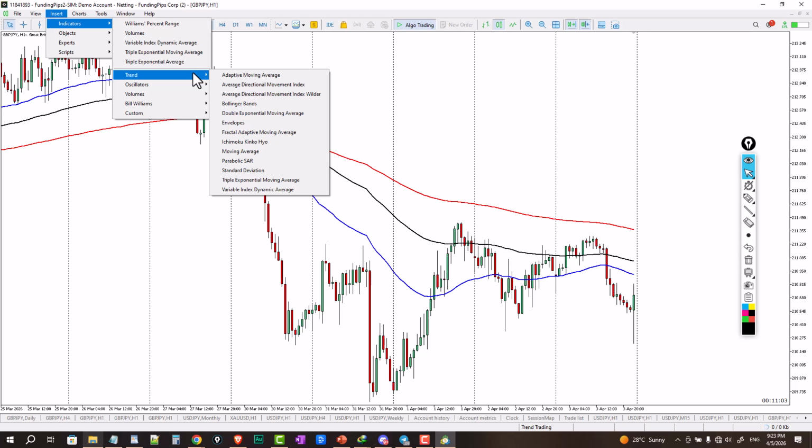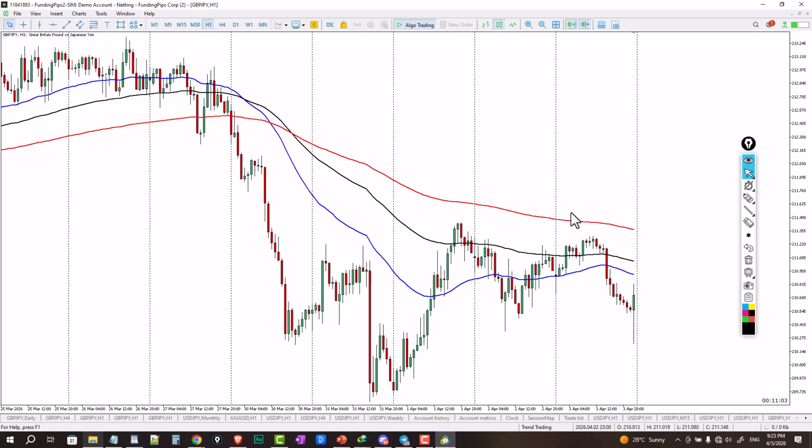Okay? And so when you try to use the moving average in a market where there's no trend, you're going to find it more difficult to find winning trading opportunities. So the proper way to use moving averages is to use them when there's a trend in the market.